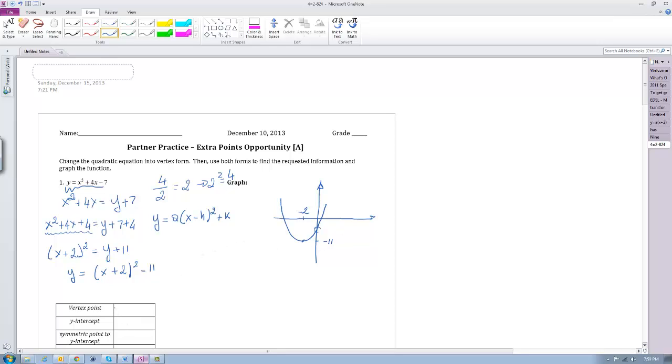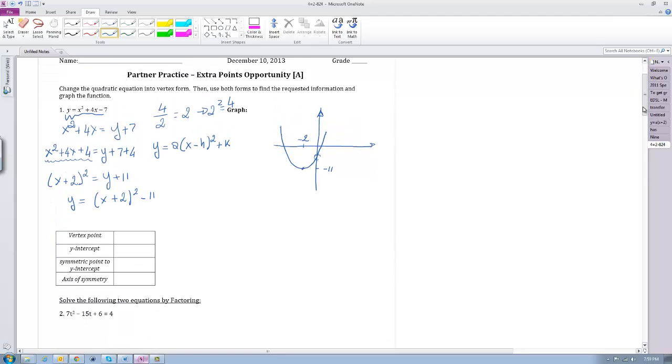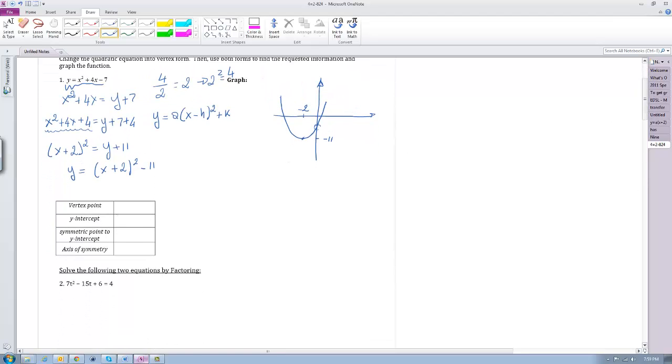So we can scroll down just a little bit, and we can write the vertex point at minus 2, minus 11. Those are the coordinates. Y-intercept is minus 7.